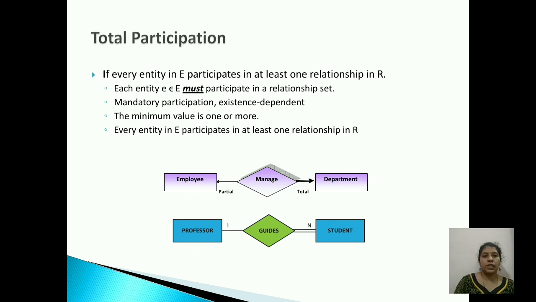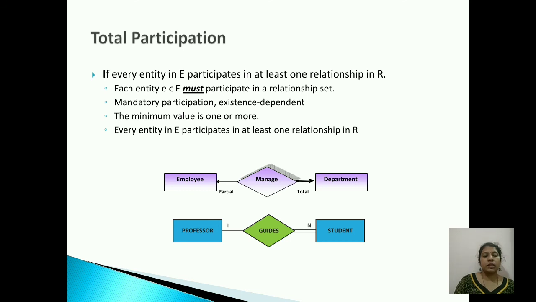You can see professor guides a student. If you have n professors, will every professor guide a student? No, so that means it is partial. The professor is partially participating in the relationship.